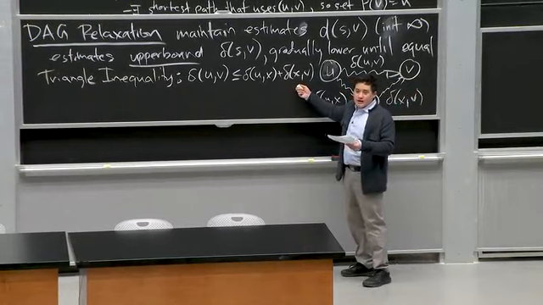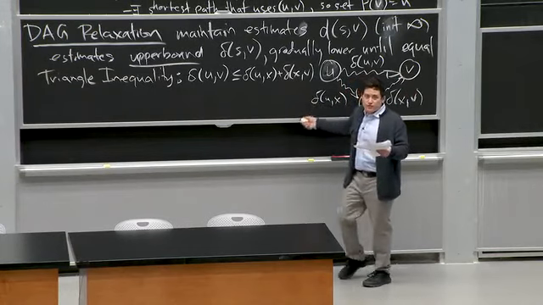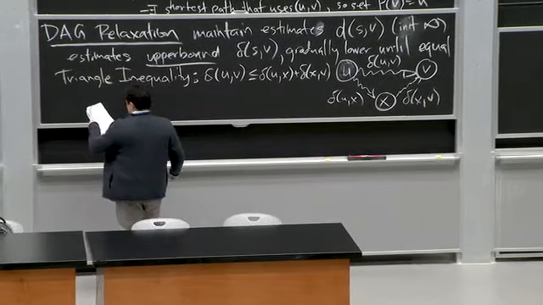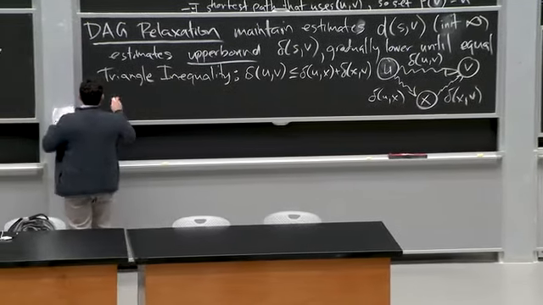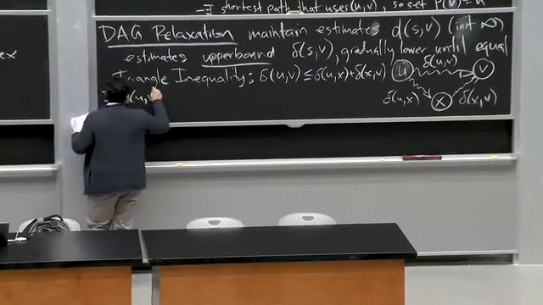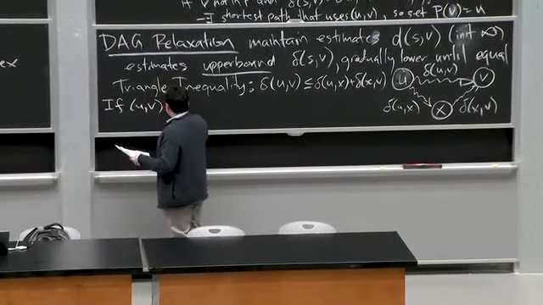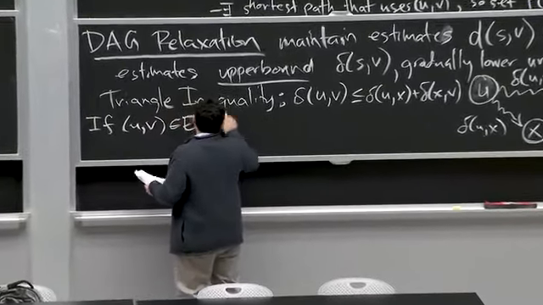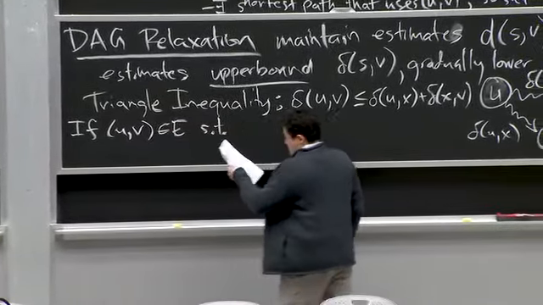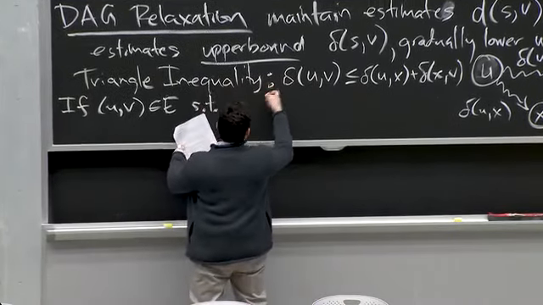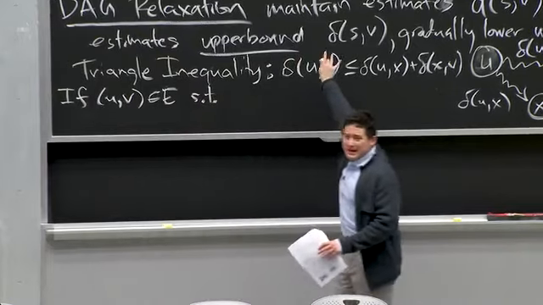Pretty intuitive notion, right? Okay, why is this useful? Well, if I find an edge u, v in my graph such that this condition is violated for the estimates that I have, right?